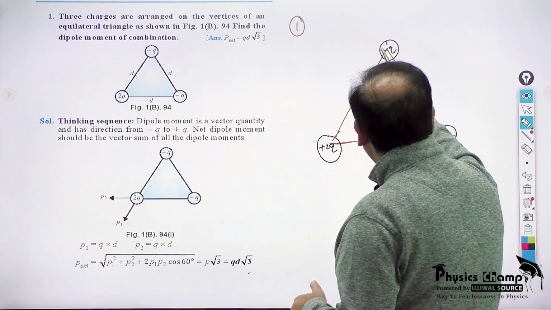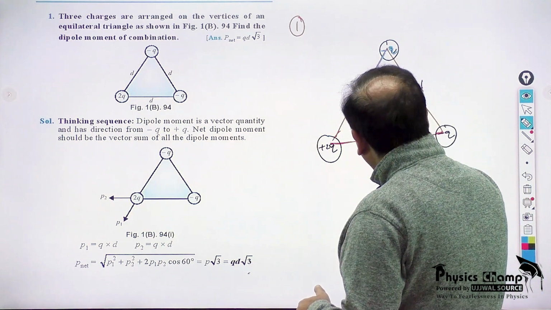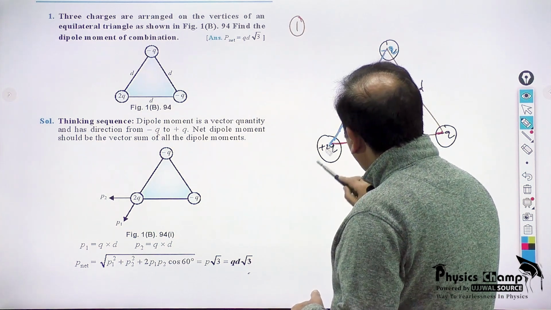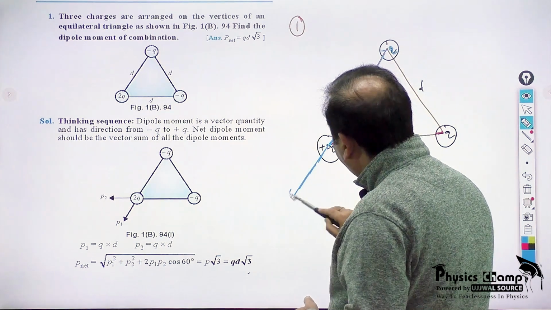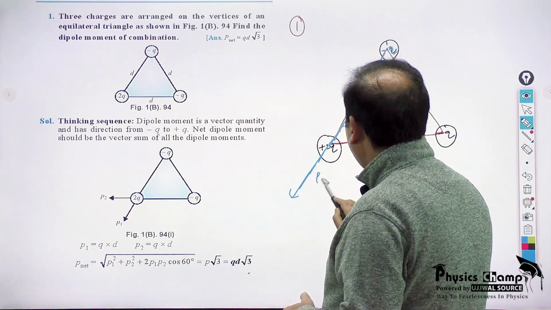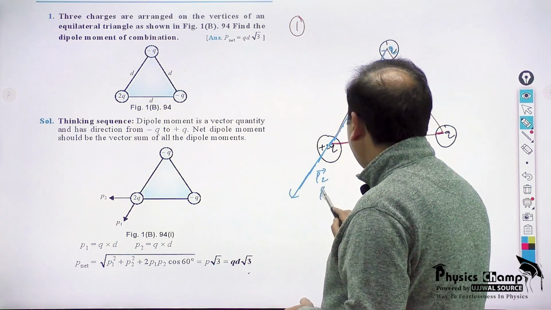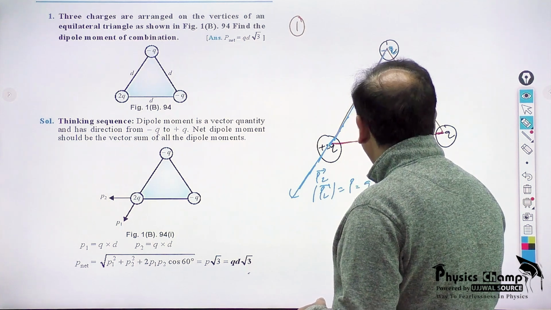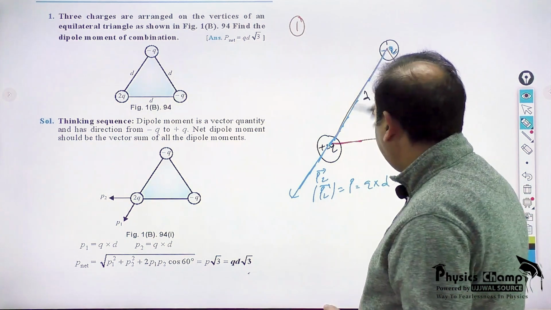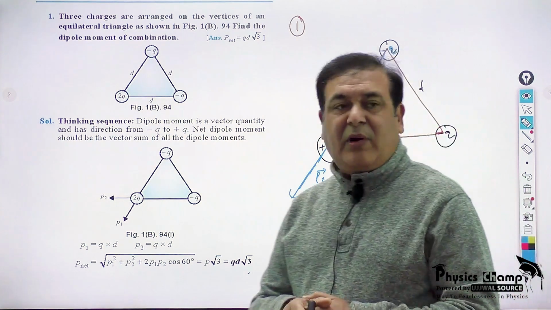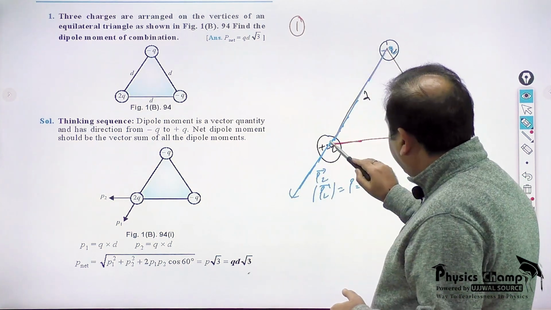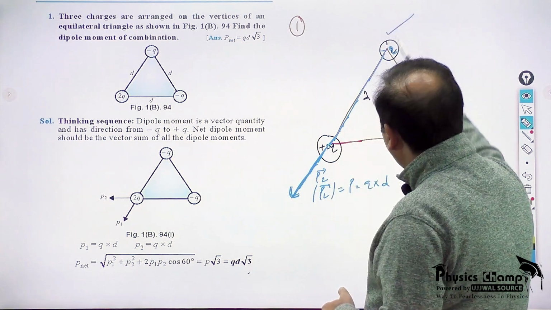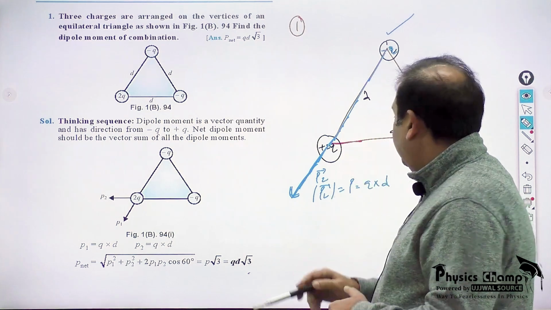One is due to this negative charge minus Q and one positive charge plus Q. Together they make a dipole moment, whose magnitude, say P, is Q into D. Separation is D; I am not calling it 2L, I am just calling it D. So at this vertex, I have one dipole moment due to the combination of this and 1 plus Q, that is Q into D.